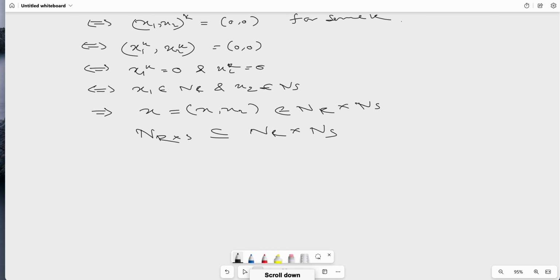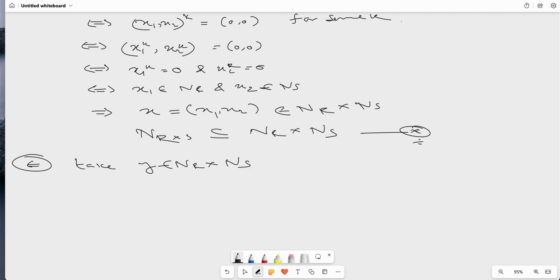Prove that (x1, x2) is an element of N. Now for the reverse part, take y to be an element of N(R) × N(S). So y is (y1, y2) inside N(R) × N(S).